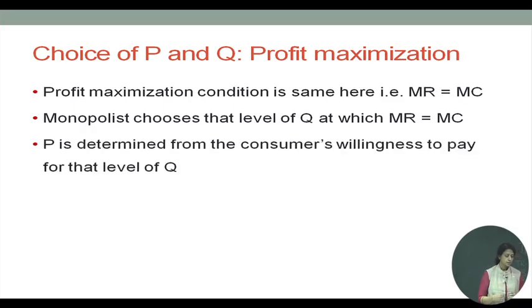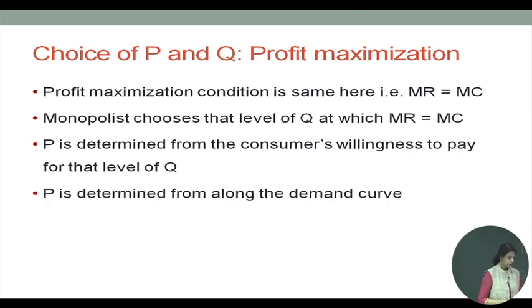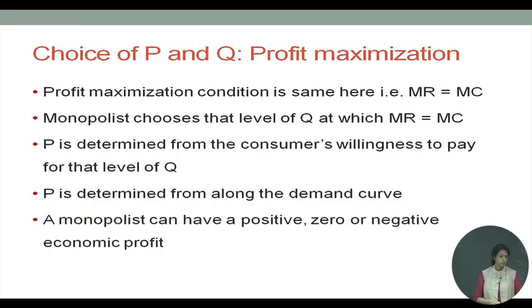Price is determined from the consumer's willingness to pay for that level of output, along the demand curve. A monopolist can have a positive, 0 or negative economic profit. Let me explain all these.